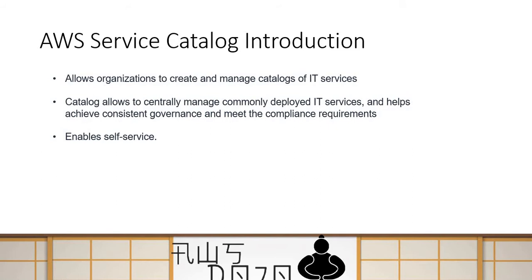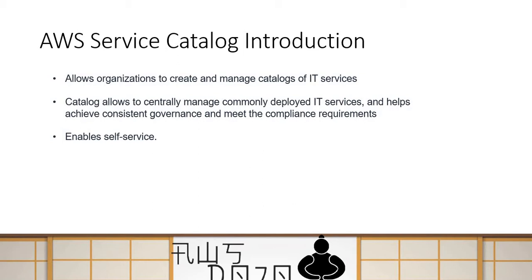So AWS Service Catalog, when the organization grows bigger, they have a challenge that their end users should be able to create AWS services in a certain standard way. For instance, when they are creating an S3 bucket, the S3 bucket should not be public. It should be encrypted by default. It should follow a certain naming convention and so on and so forth.